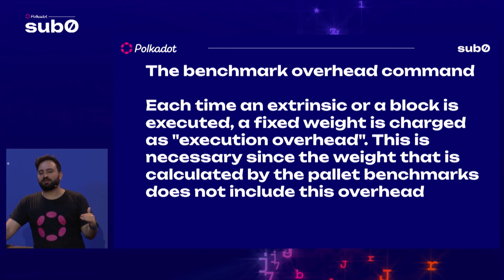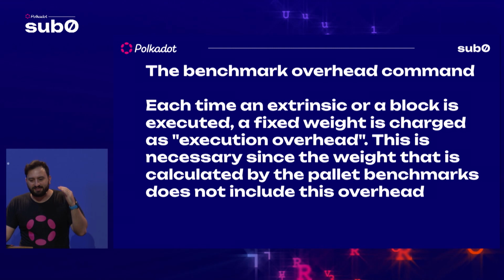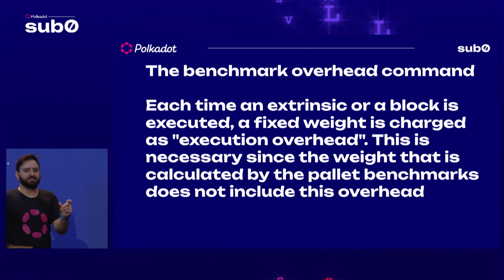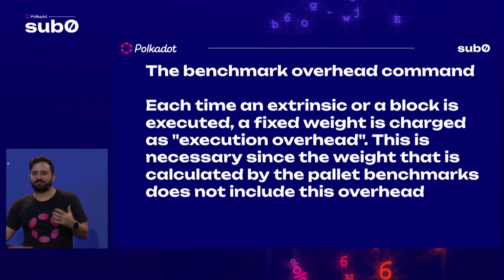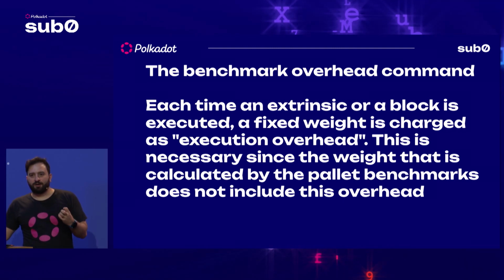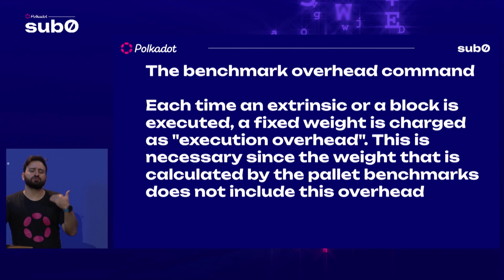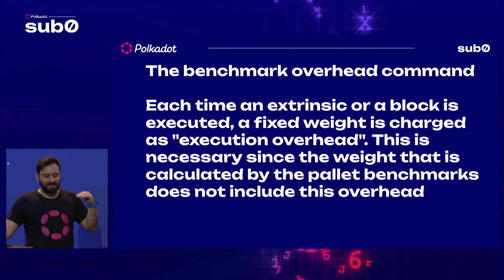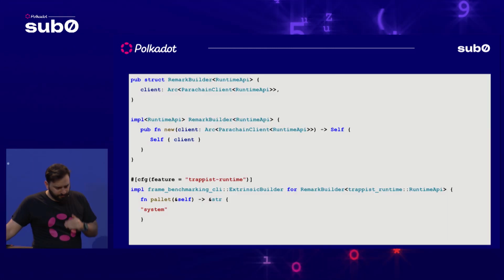Every time you execute a simple extrinsic, even if it doesn't consume much computation, it needs to come with a base fee, okay? And that comes from the benchmark overhead.